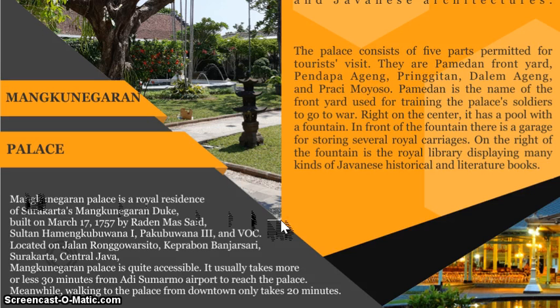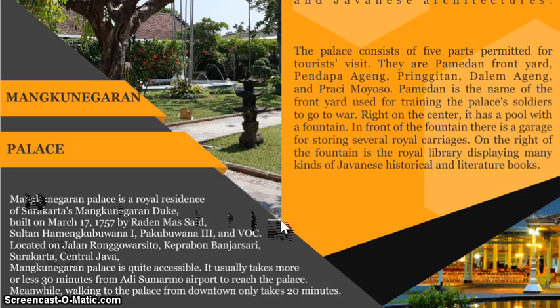But do you think the information about who built the palace is important? You mentioned Raden Masaid, Sultan Hamengkubuwono I, Pakubuwono III, and VOC. So do you think that this is important? If so, then first probably it's better to write this in active voice. And second, you need to tell the readers who they are.